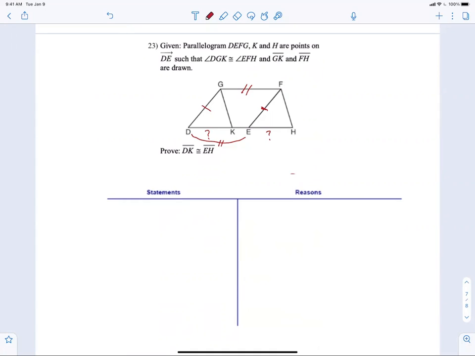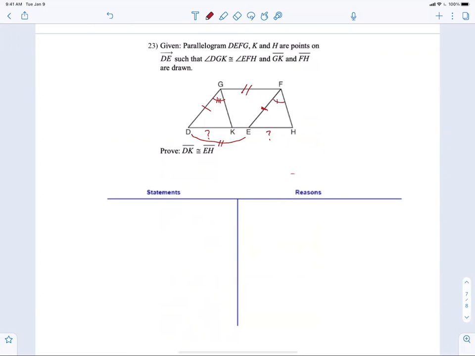So it looks like we're trying to prove the triangles on the left and right are equal. Is that what we're trying to do? Oh, yeah, I didn't write that. Angle DGK, this guy, is congruent to angle EFH.